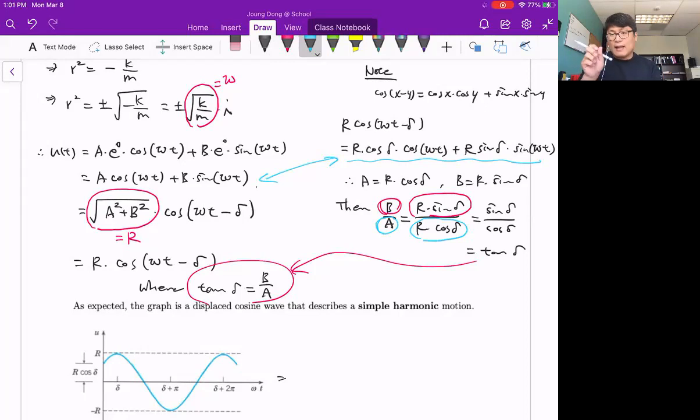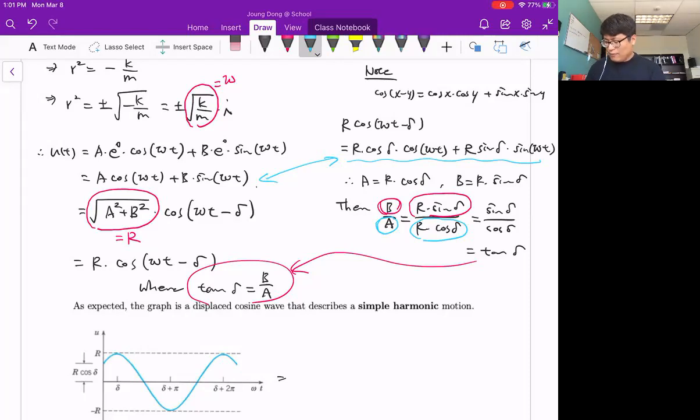That means if your angle delta is in the first or fourth quadrant, then a must be negative, right? Am I doing right? No, give me one second. Yes, a is negative, right? And if your delta is, same thing, you know what I'm saying, right? The sign of sine and cosine depends on your delta, so the signs of a and b can be decided. We're going to talk about this in the next problem.